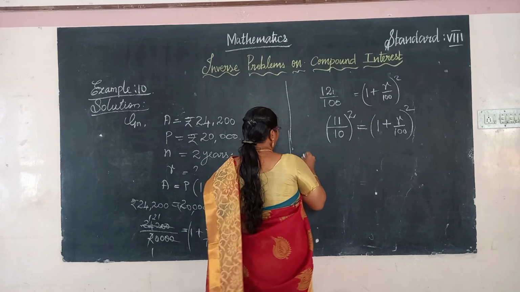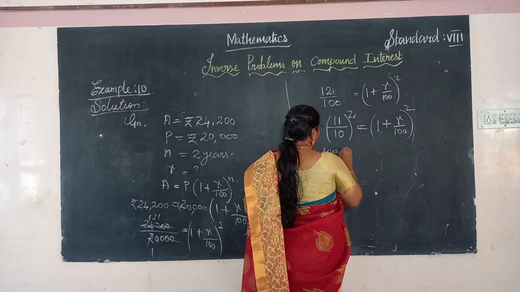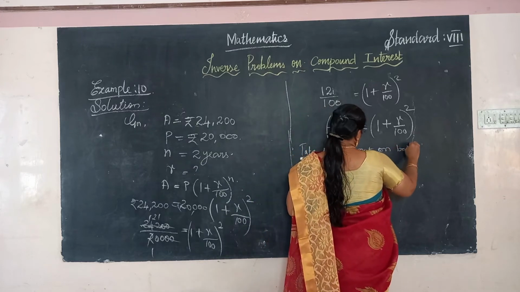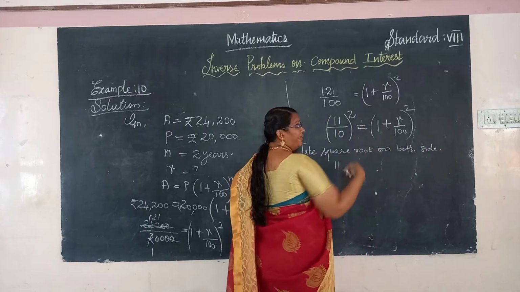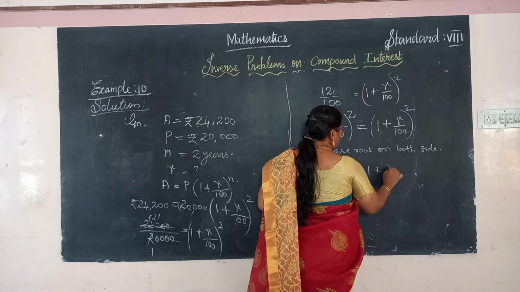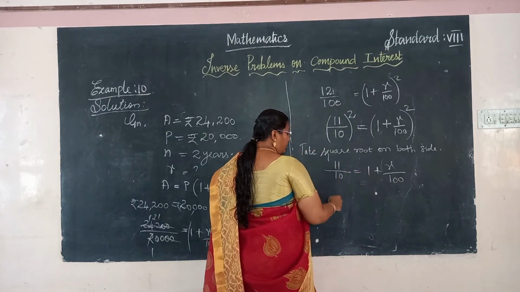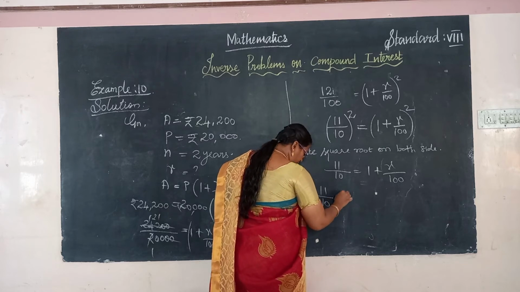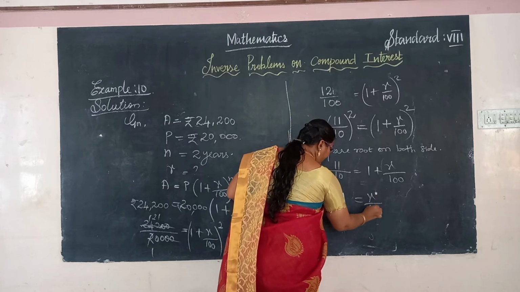Take square root on both sides. What do we get? The square will be removed. We get 11 by 10 is equal to 1 plus r by 100. Now move the 1 to this side. 11 by 10 minus 1 is equal to r by 100.